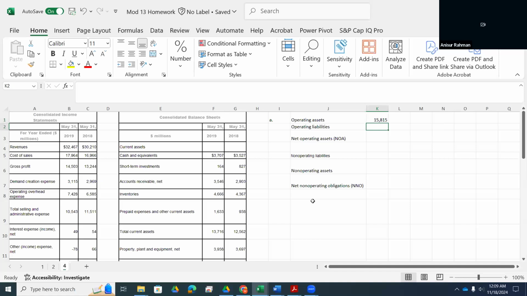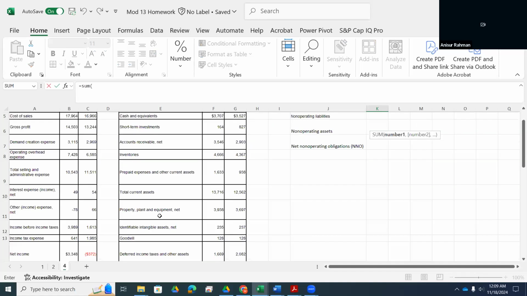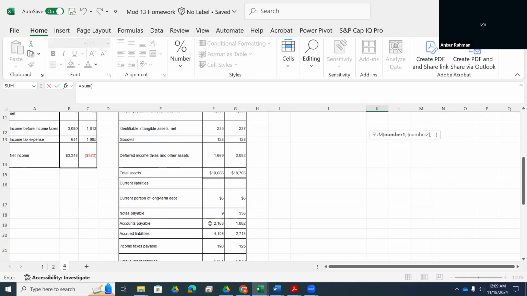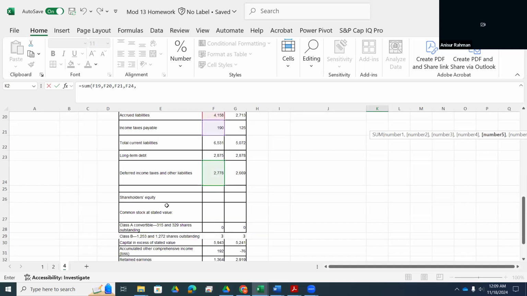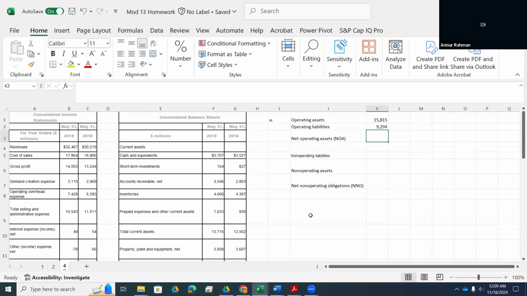And then our operating liabilities are accounts payable, accrued liabilities, income taxes, deferred income. That's it. Net operating assets is equal to operating assets minus operating liabilities.